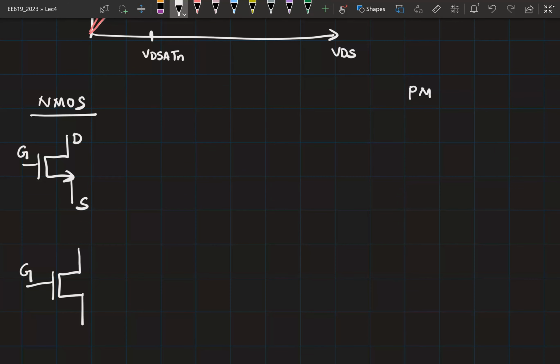Similarly, your PMOS transistor can be represented like this. So this is your gate, source, and drain. It can also be represented like this. This is okay? Good.